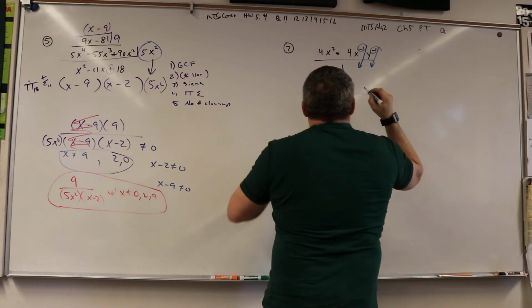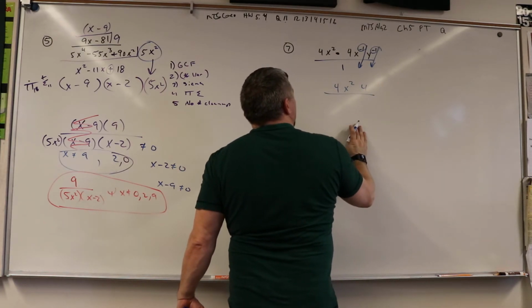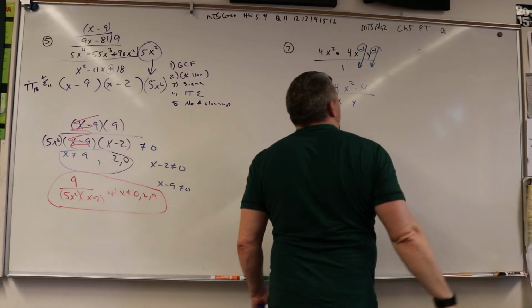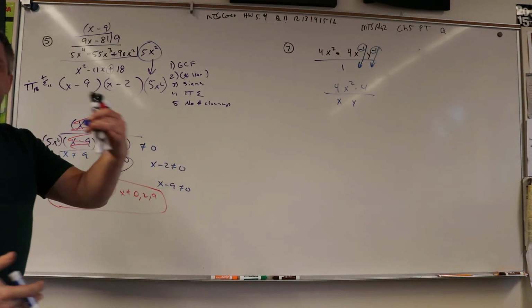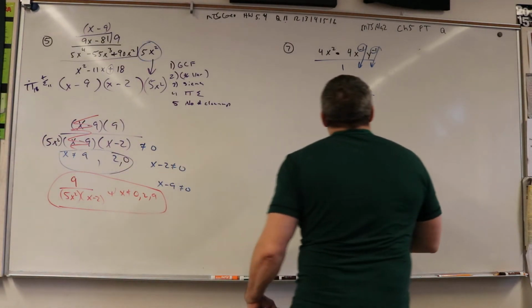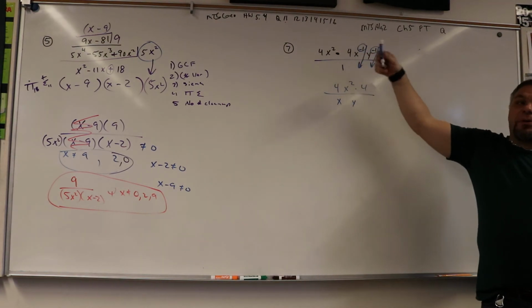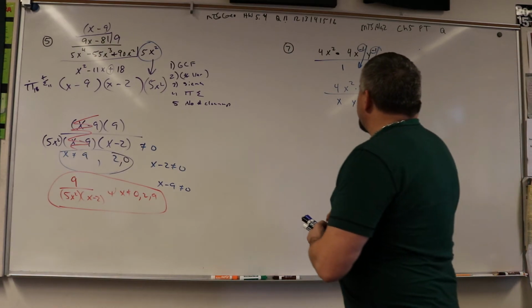And so we'll rewrite these. 4x squared times 4, and x times y. Now what that does is it just resets everything. Now the 4 doesn't come down with the x because the 4 is not part of that negative exponent. And so a lot of students get confused with that.